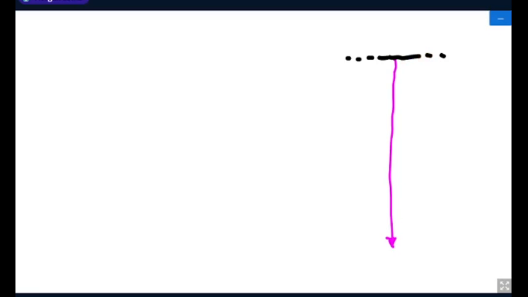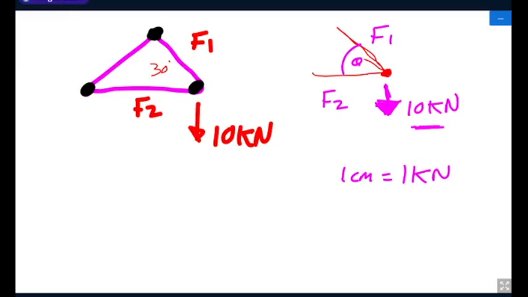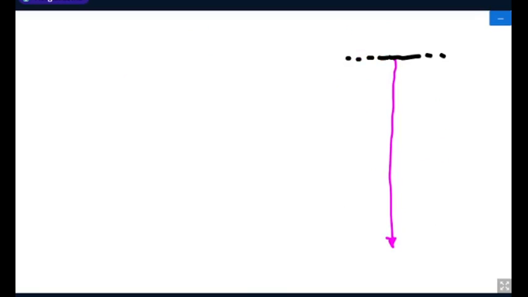This is where your little graph paper would be handy. Straight down, and it's going to be 10 kilonewtons, which means 10 centimeters, because 1 kilonewton is 1 centimeter. So you would draw down 10 centimeters. Draw down 10. Stop.